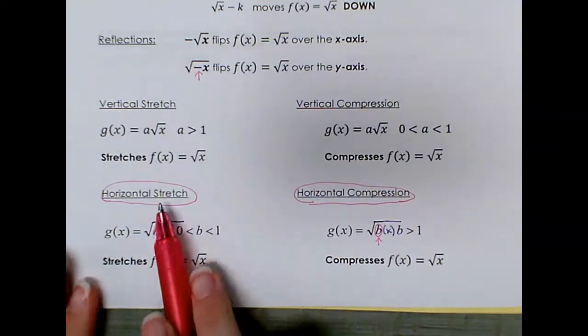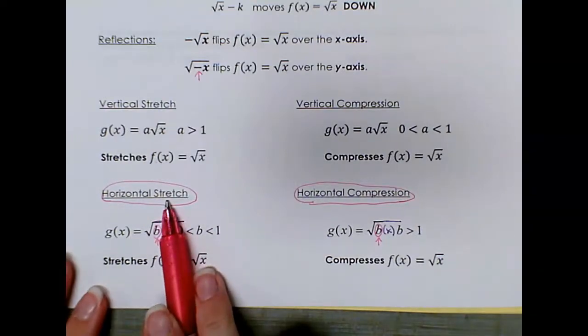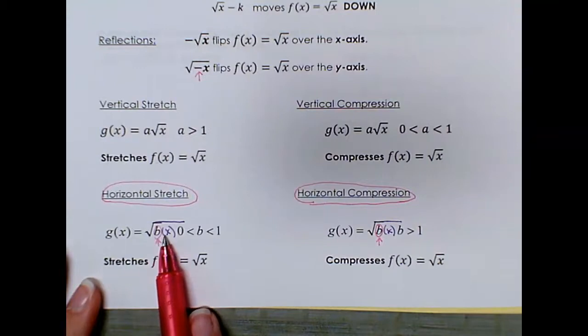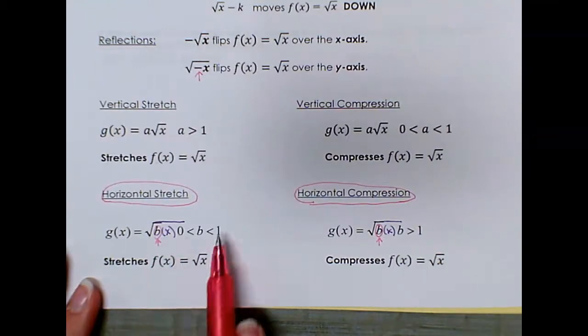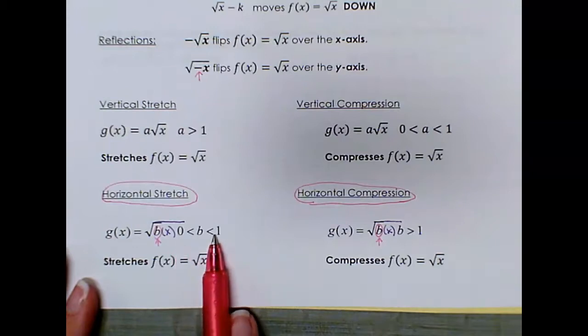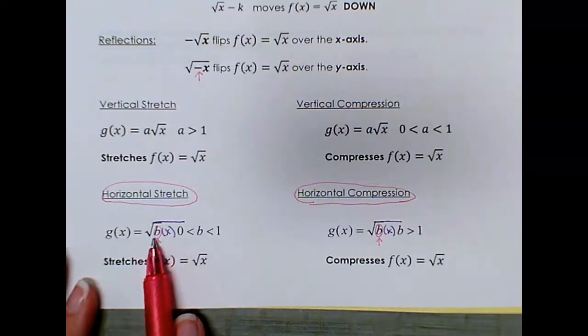So stretching typically means getting bigger. In this case, because the horizontal stretch factor is inside of the radical with the x, that means it's a lie. Anything that is small, between 0 and 1, you typically think you multiply by a small number, it makes things smaller, but in this case, it's going to horizontally stretch.